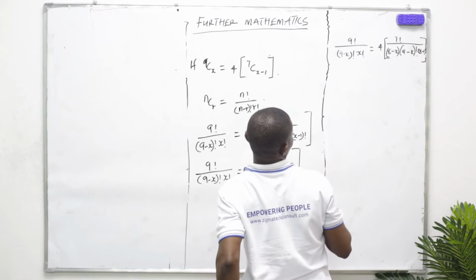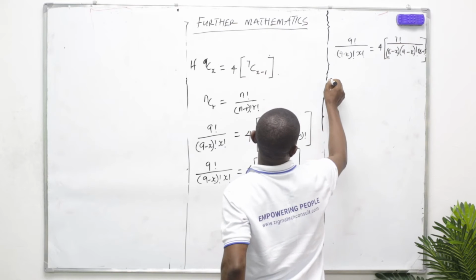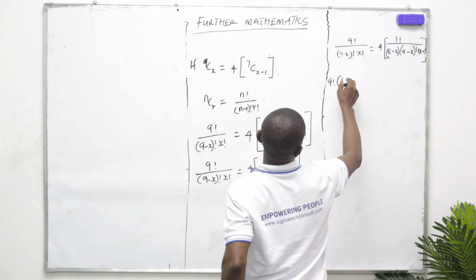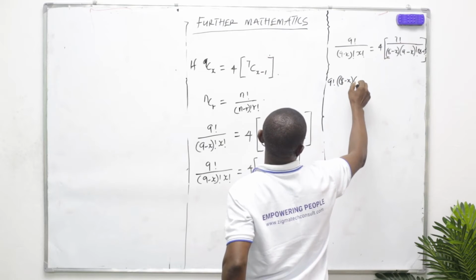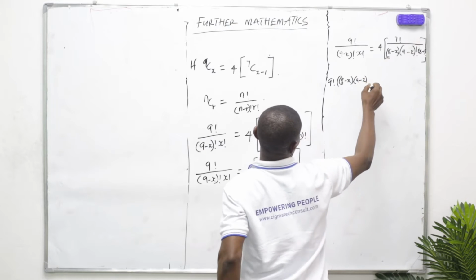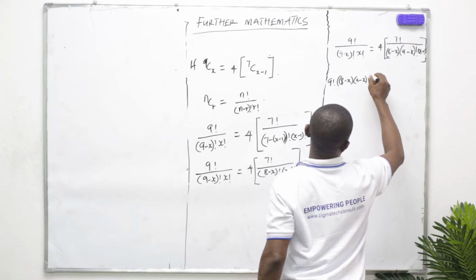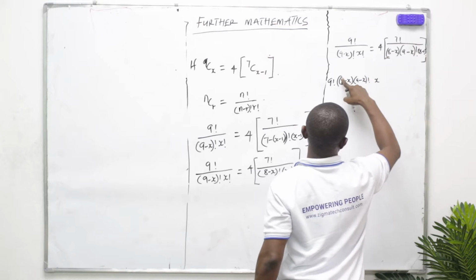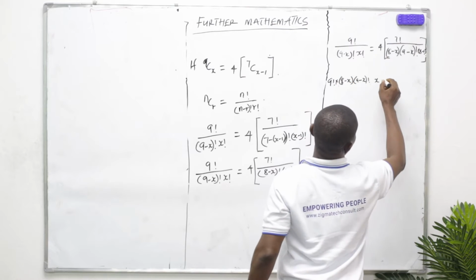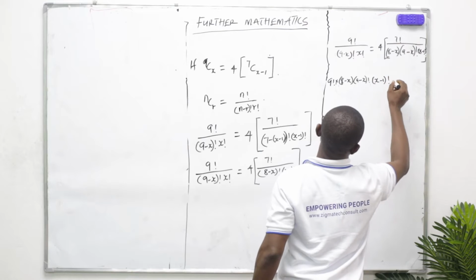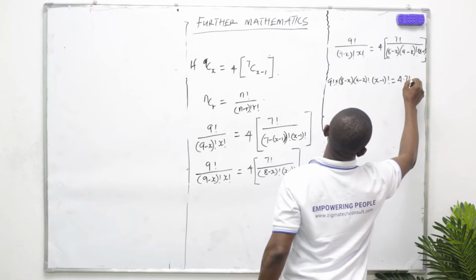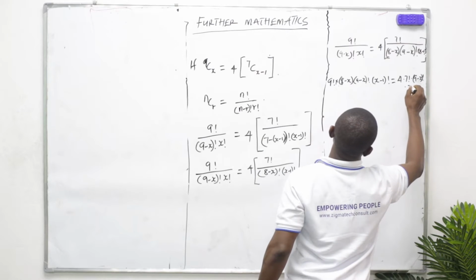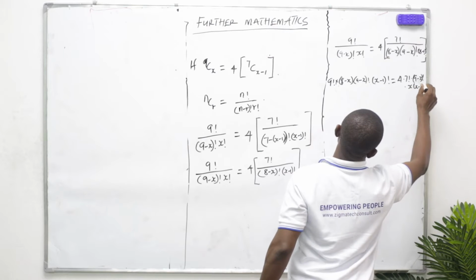Recall that if I cross multiply this way, I'll have 9 factorial into 8 minus s all factorial into s minus 1 all factorial equals 4 times 7 factorial dot 9 minus s all factorial dot s into s minus 1 factorial.